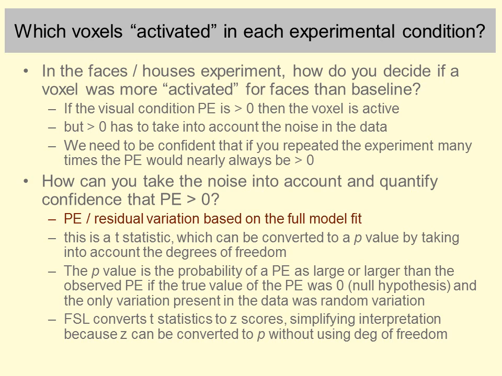So we take the parameter estimate at a particular voxel and we divide it by the estimate of the residual or unmodelled variation at that voxel.